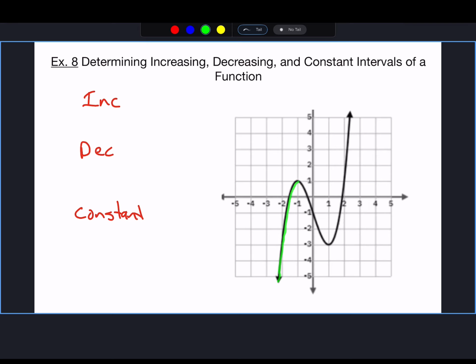It changes at -1. So from -infinity to -1, we're doing what? Increasing. -infinity to -1. And then I'm going to jump back on at -1. What does it do on its next interval? It's decreasing. And where does it decrease to? -1 to 1.